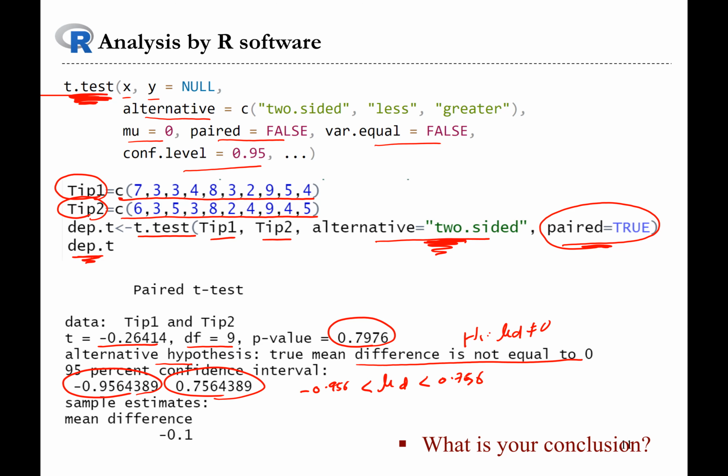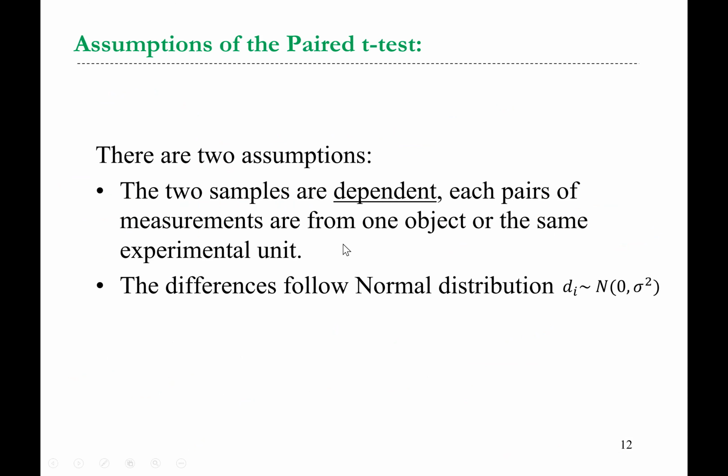Yes, because the lower limit is negative and the upper limit is positive, you fail to reject H0. And this is the estimation of mu d, which is d bar. So the conclusion is the two tips are the same at significance level 5%. Any question so far? Any question?